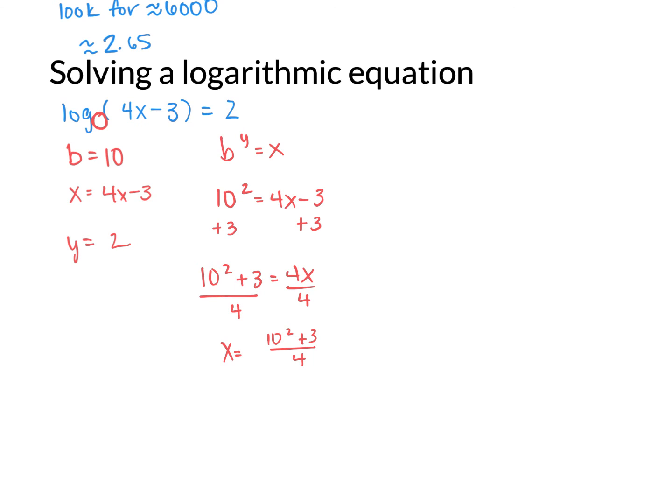Sure. 10 squared. Hold on, how do I get out of this graph thing? Do second quit. Plus 3 over 4. Gives me approximately, what actually is exactly, 25.75. And that would be our solution.